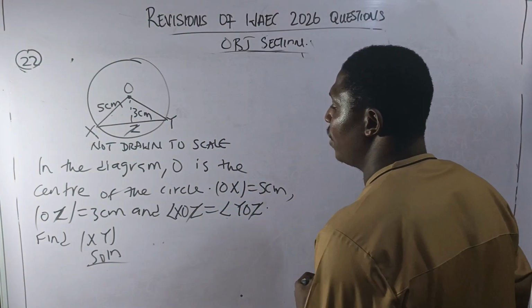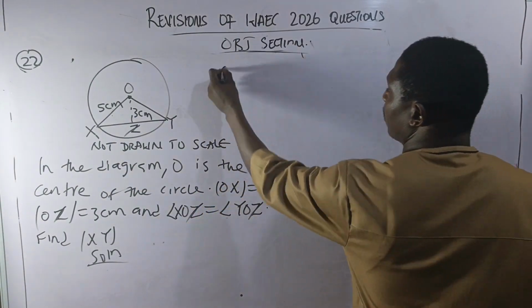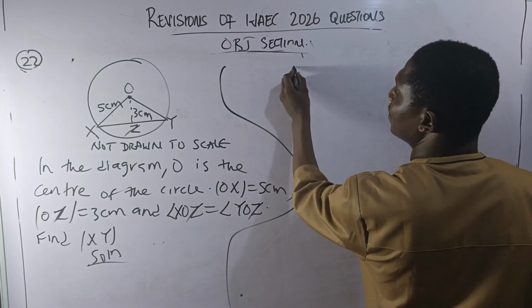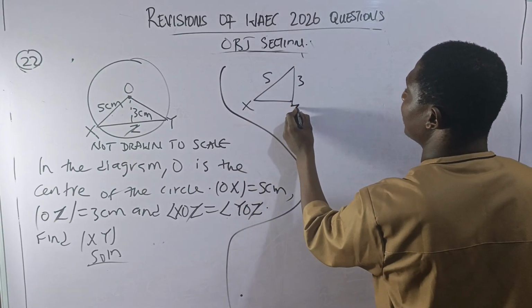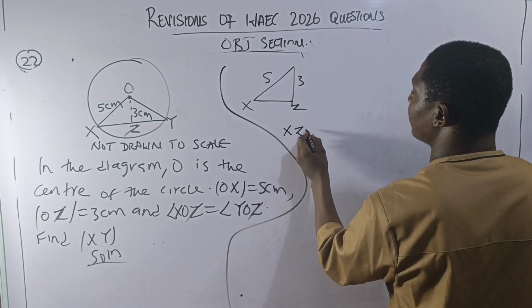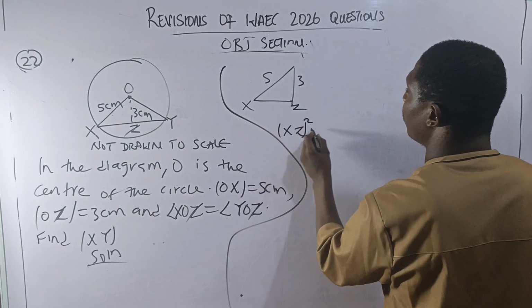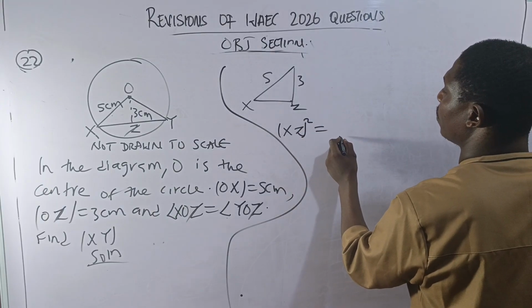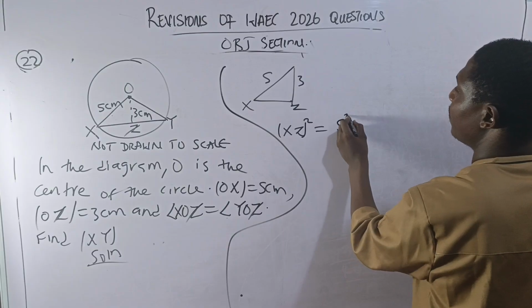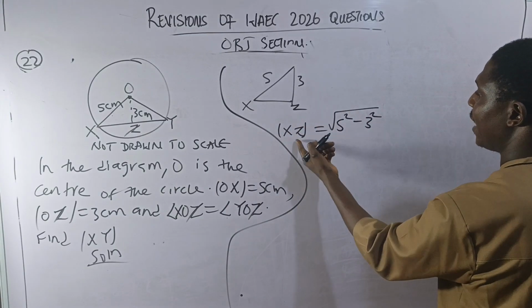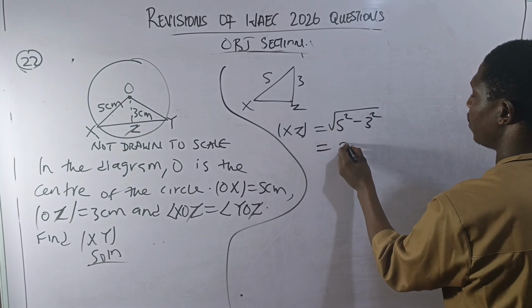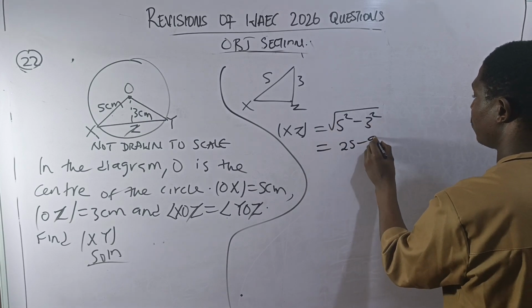Now, if I use one side of my triangle, I will have this 5, 3, and SZ. So my SZ squared will be equal to 5 squared minus 3 squared by Pythagoras. 5 squared is 25. 3 squared is 9.